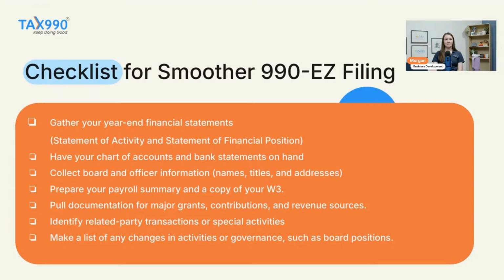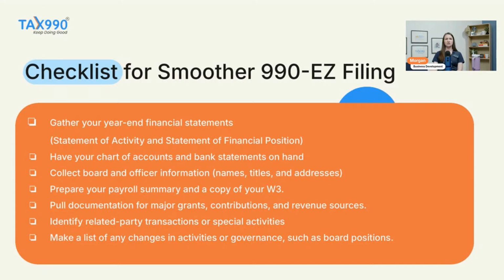All right, on the checklist, you'll want to gather your year-end financial statements. This would include your income statement and balance sheet. You'll want to have your chart of accounts and bank statements on hand. And you'll also want to collect board and officer information, such as their names, titles, and addresses. Prepare your payroll summary and a copy of your W-3.